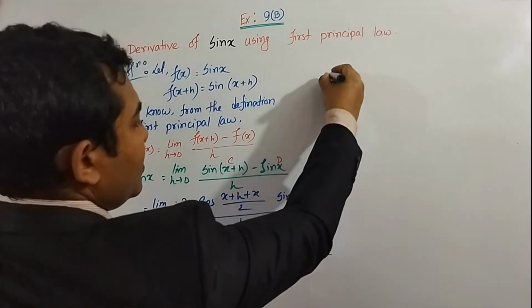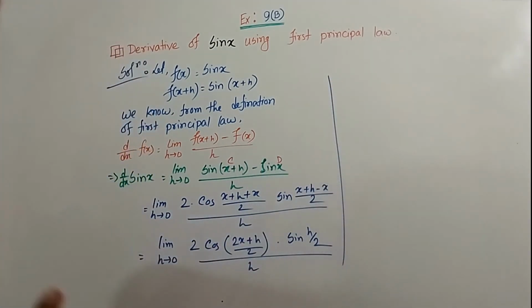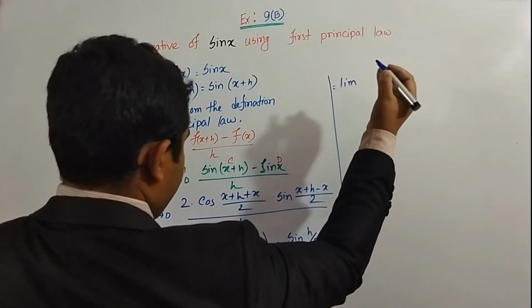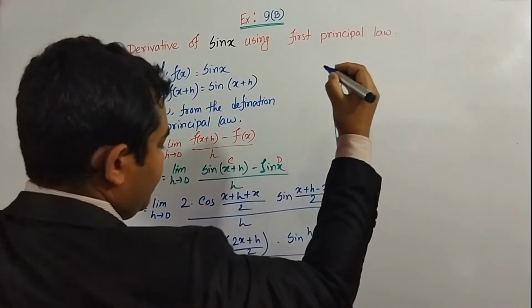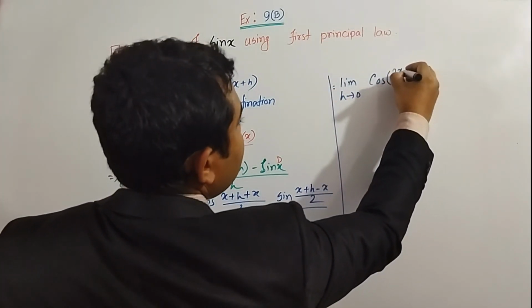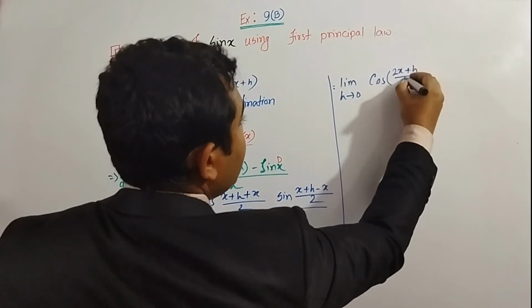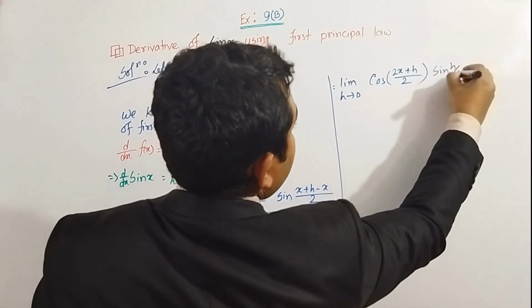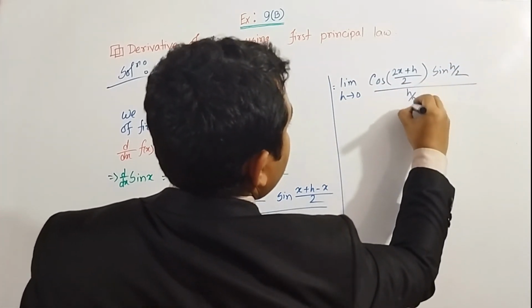Now here we can write a fact, that is limit h tends to 0 of cos of (2x plus h) by 2 into sine h by 2 divided by h by 2.